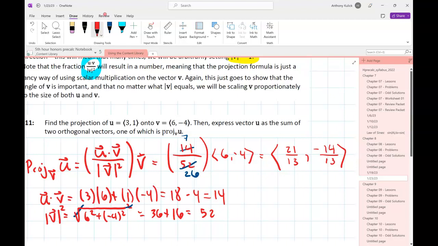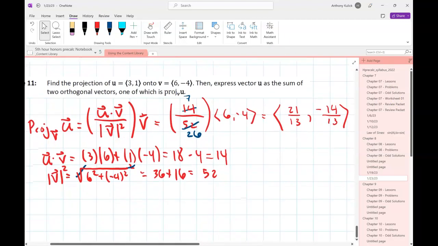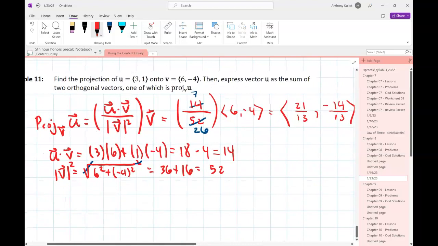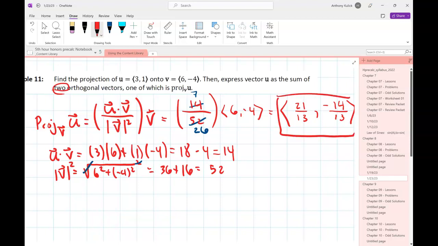Everybody's okay with that? You trust me that I did that right? I think I did. Okay. So that's one of the two vectors that I need.